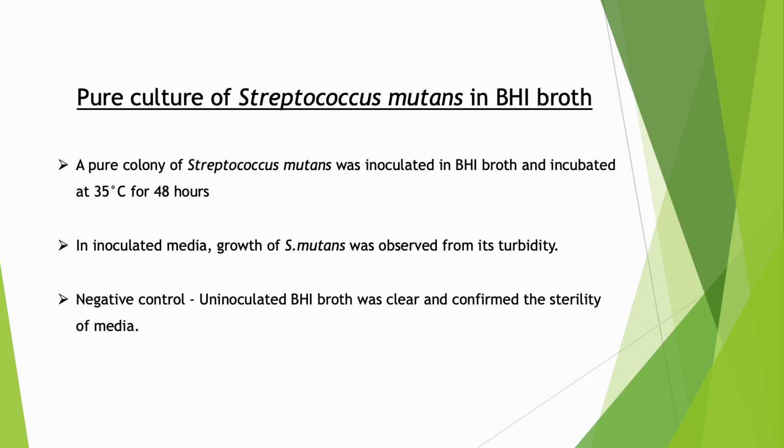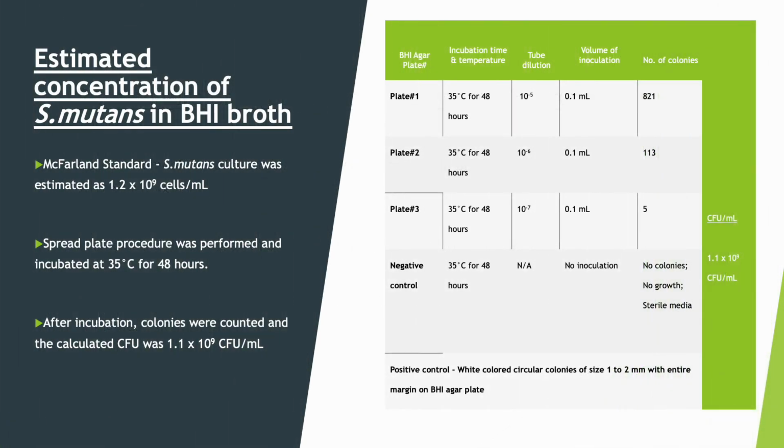As we needed the culture in liquid media to conduct the test, we inoculated this pure culture into BHI broth. After incubation, we observed growth in BHI broth through its turbidity. Then we wanted to estimate the concentration of this culture, so we followed the spread plate technique and found that the concentration was 1.1 times 10 to the power 9 CFU per ml.